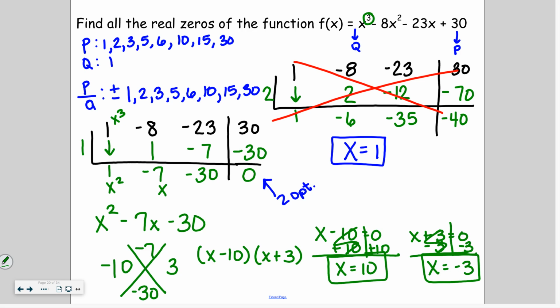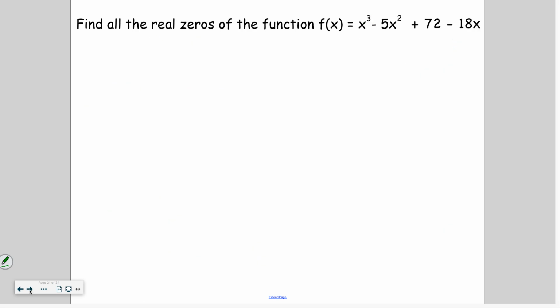All right, let's go to the next one. All right, so I want to see if you can tell me what is wrong right here. I want you to look at the function and tell me what's wrong.